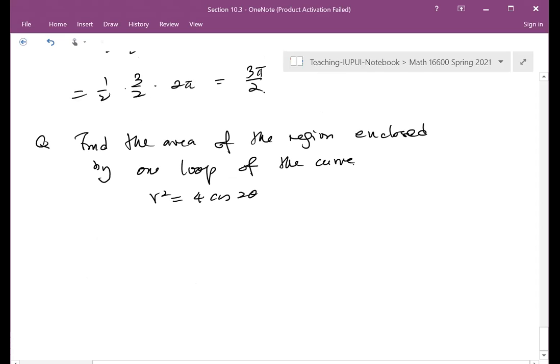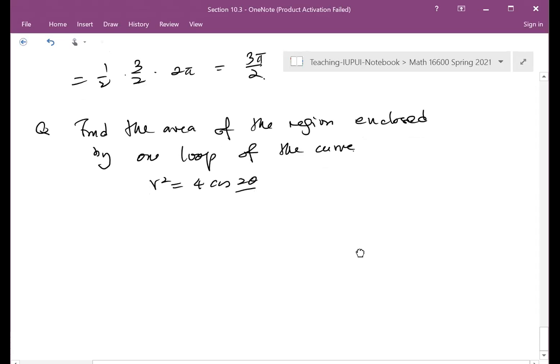So this is a periodic function, cosine 2 theta. We have to figure it out. Clearly theta cannot be anything; you have to make sure this is positive, otherwise this question has no solution.